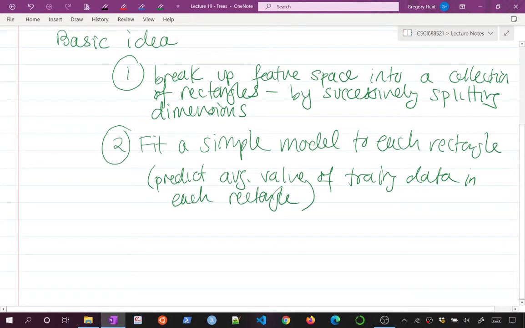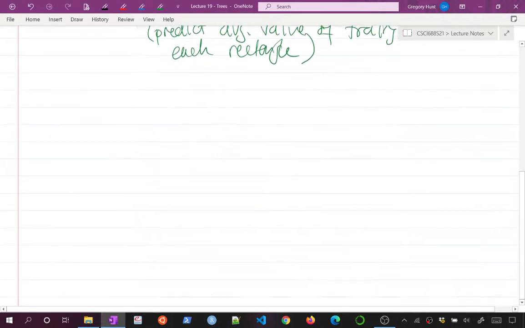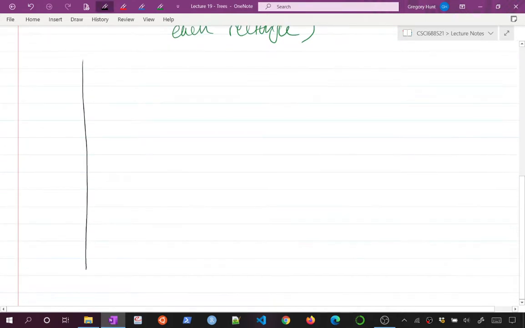I think it's really instructive to first look at an example of what this may look like. So here, let's have our feature space. Maybe we have two variables, an x1 and an x2, and then we're going to have some observations in our training data.